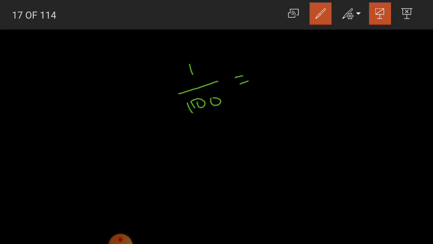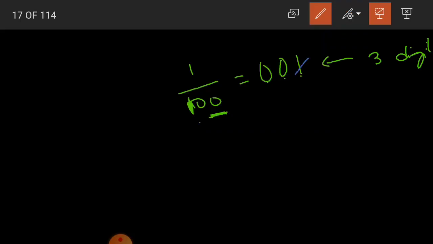1 by 100, again the denominator here is having 3 digits. So the numerator should also be written as a minimum of 3-digit number. 1, and before that we'll place 2 zeros. Now it is also a 3-digit number. What is the next step? Count the number of zeros in the denominator. We are having 2 zeros.